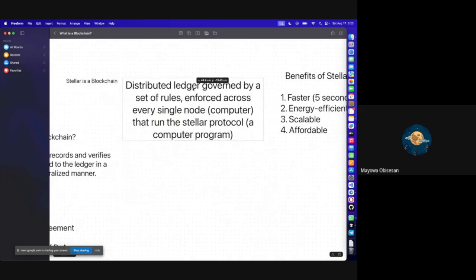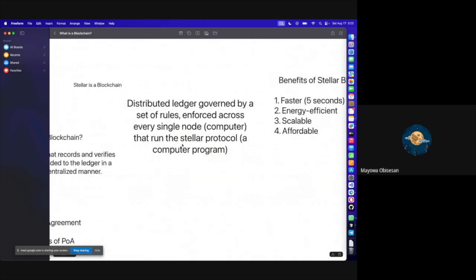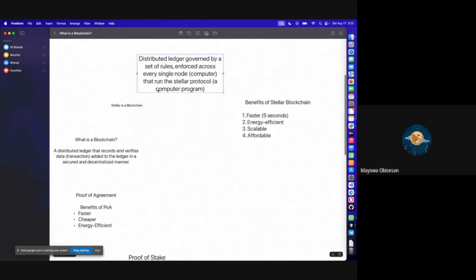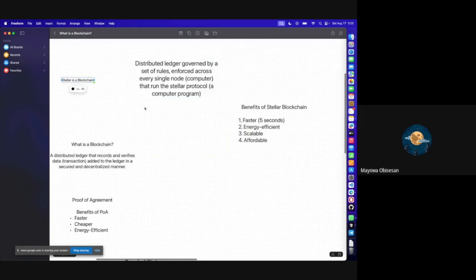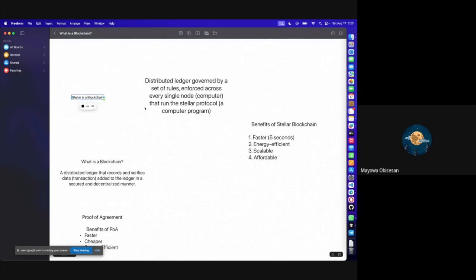And that way, they cannot be dubious, they cannot be malicious, because every one of them follows the same set of rules. Because of that, you are sure that whatever happens at one point for one computer in the distributed system happens for every other one.